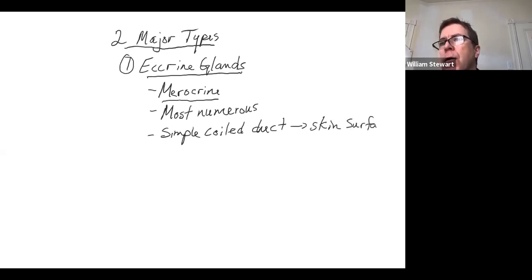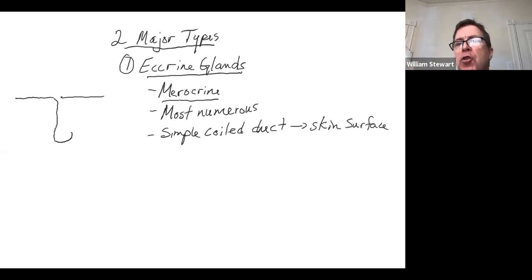So really quickly, if this is the surface of the skin, a typical eccrine gland would look like this. It's a tube that just coils at the bottom, and then a singular tube up to the surface of the skin. The secretion, as I said, is released by exocytosis in a merocrine nature.